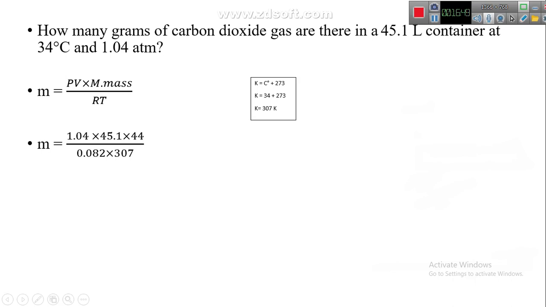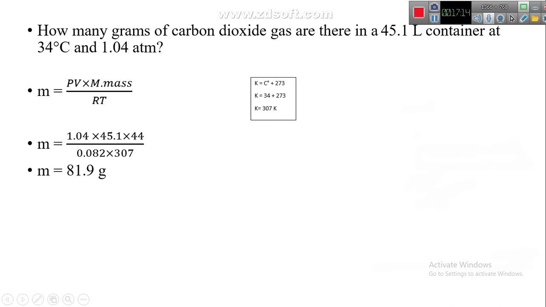m is equal to P, given 1.04 atm, multiplying by V, given in the question, 45.1 liter, multiplying by the molar mass. You must know how we find this number, 44.